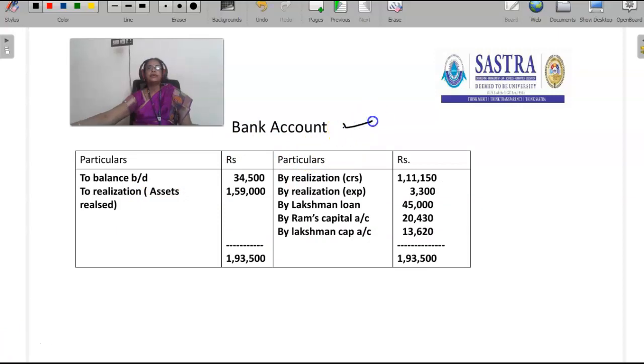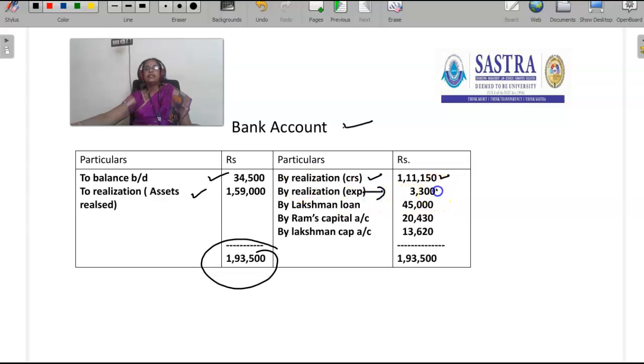Then the bank account. Realization: creditors are settled 1,11,150. Opening balance is 34,500. Assets realized is 1,59,000. The firm has 1,93,500. Out of that 1,93,500, the creditors are settled 1,11,150.